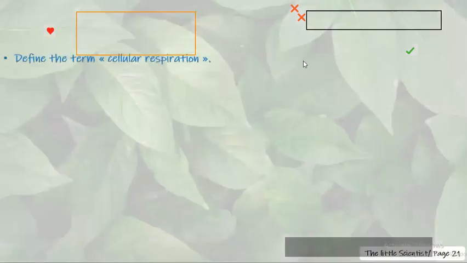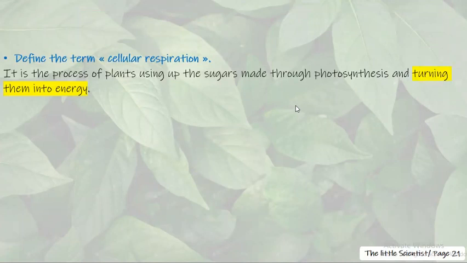What's respiration? Respiration is the breathing process, okay? The plants breathe in oxygen, they breathe out carbon dioxide. Why is that? They breathe to make ATP energy.